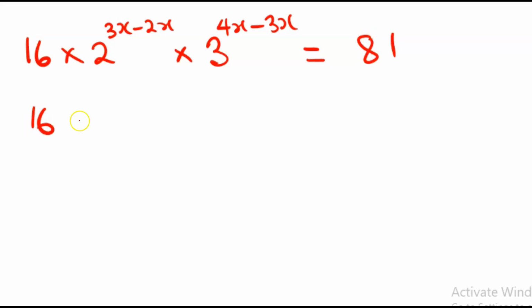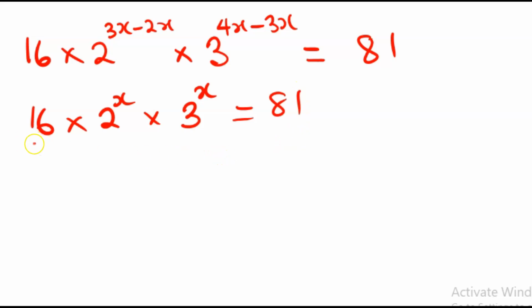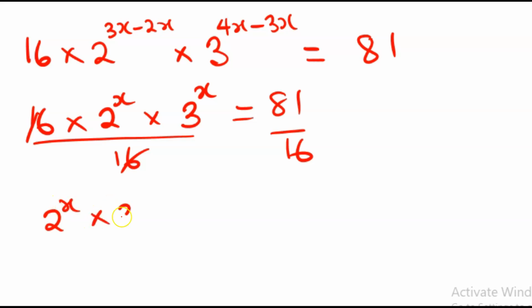So we have 16 times, 3x minus 2x, we have 2 raised to the power x, times 4x minus 3x, we have 3 raised to the power x, which is equal to 81. Okay, let's divide both sides by 16. 2 raised to the power x times 3 raised to the power x is equal to 81 over 16.